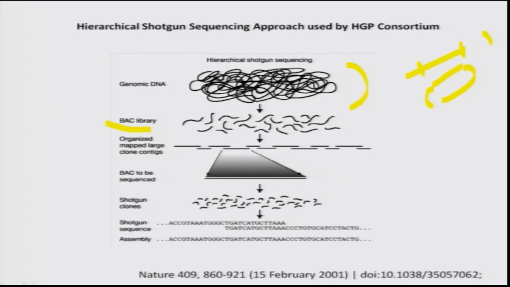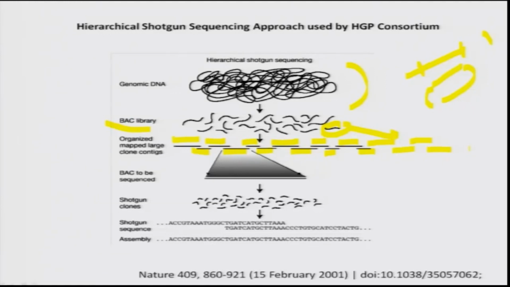After that you take one of the BACs and screen the library, and you are able to identify the BAC clones that have overlapping DNA segments. So, they are able to get different pieces, like puzzle pieces, that overlap with each other. They are able to first make what is called a contig, right.